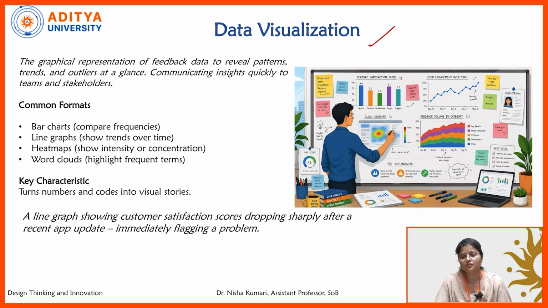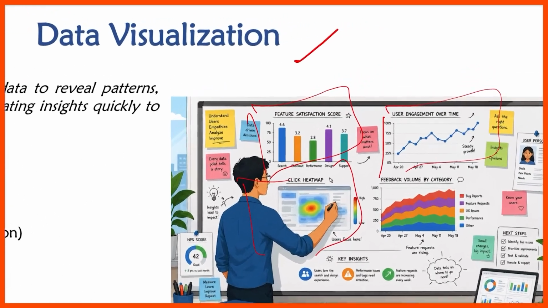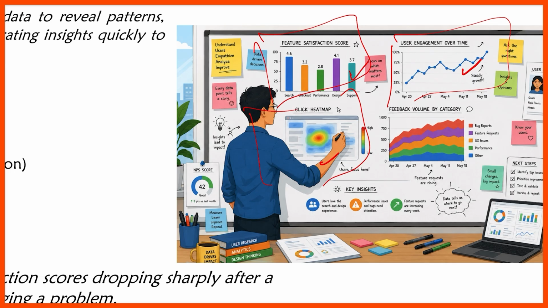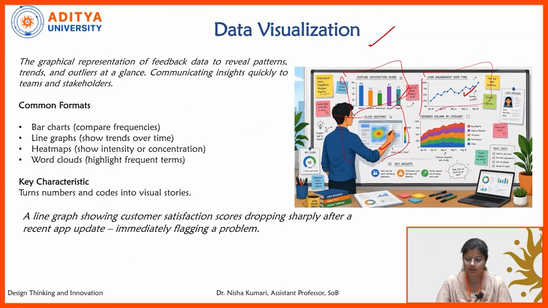In data visualization, we have different methods to visualize, which means to present your data. Here you can see in the picture a bar graph, a trend map, a heat map. Based on these kinds of representations, we represent the data of the users which we collected.